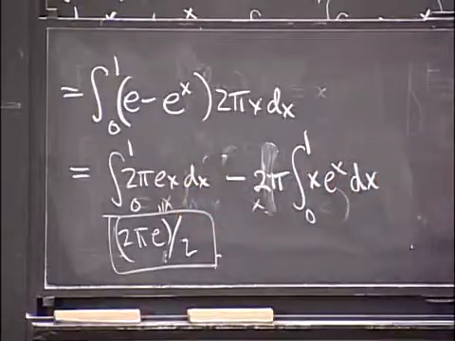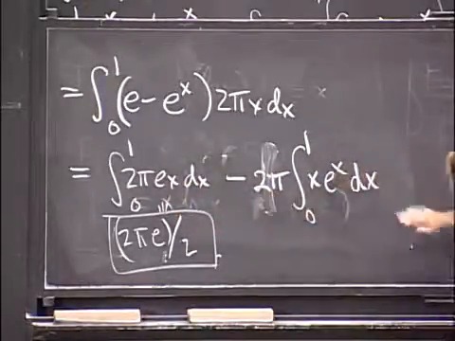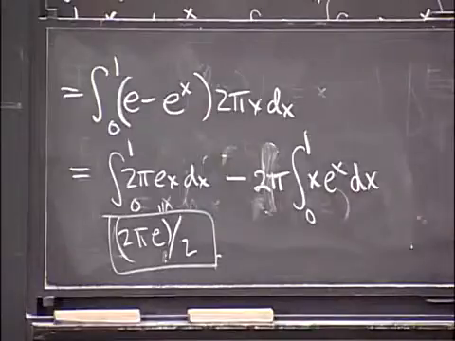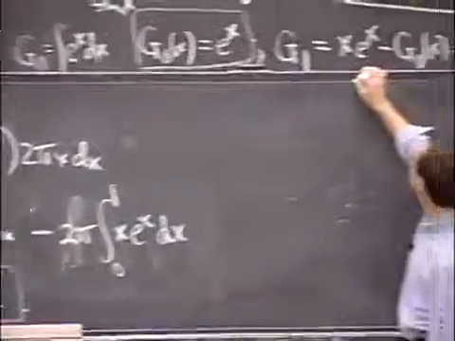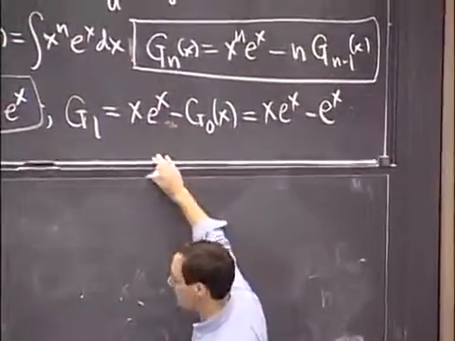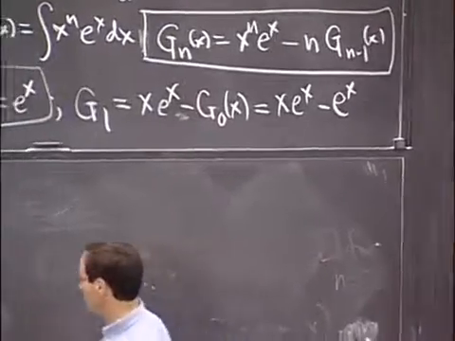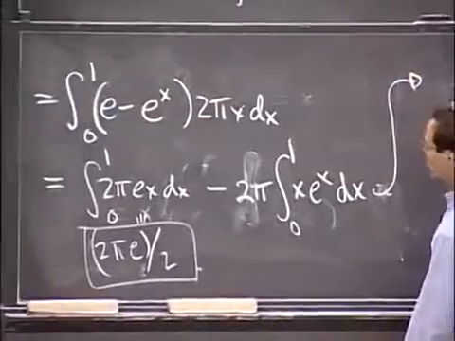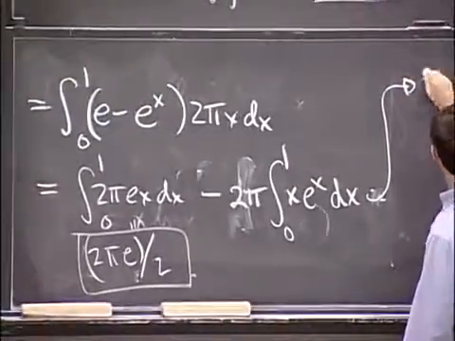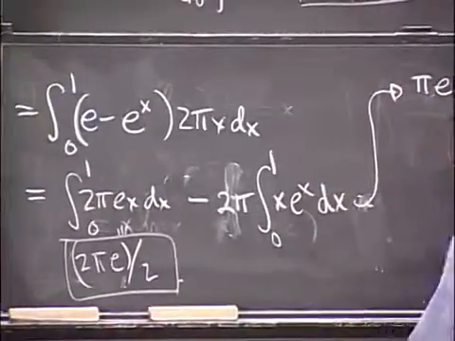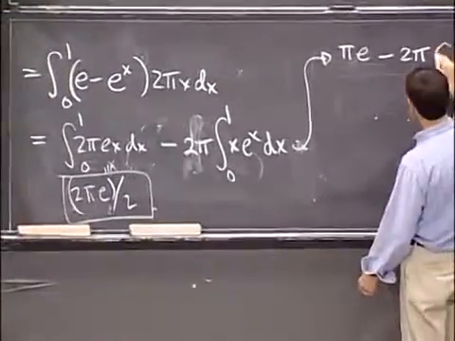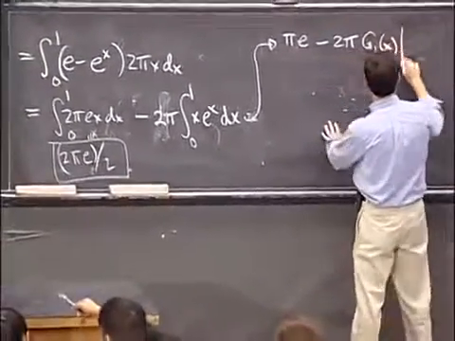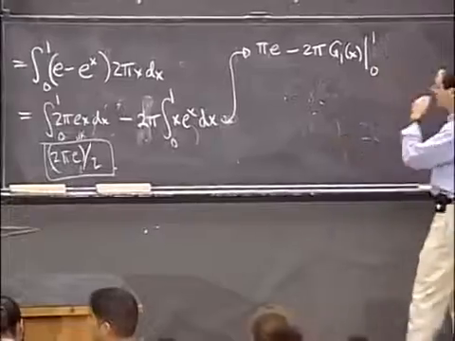Now, all right? So now this one here I can read off from right up here above it. This is G1, right? So this is equal to, let's check it out here. So this is pi e minus 2 pi times G1 of x evaluated at 0 and 1.